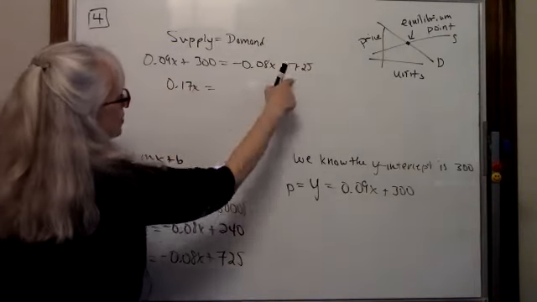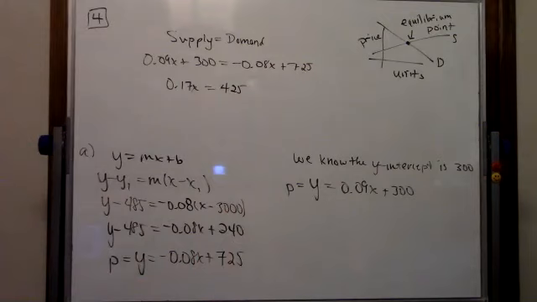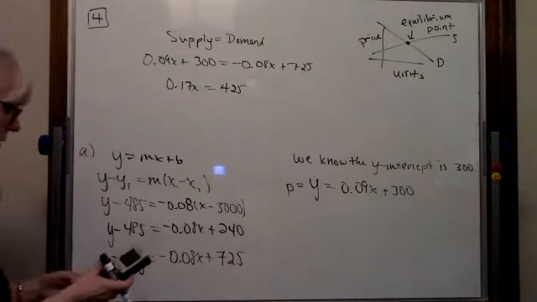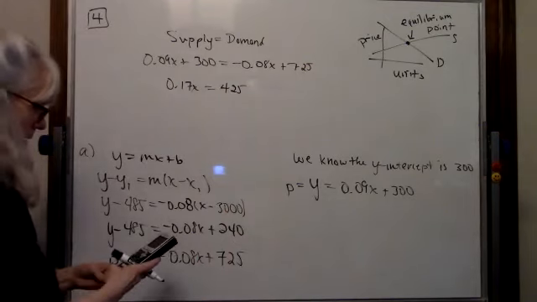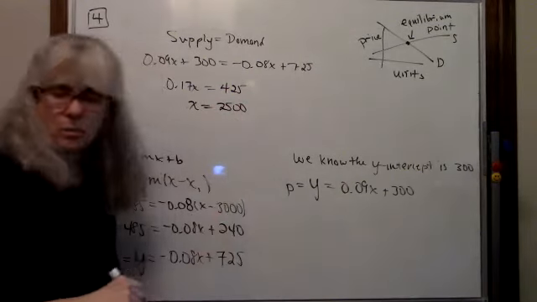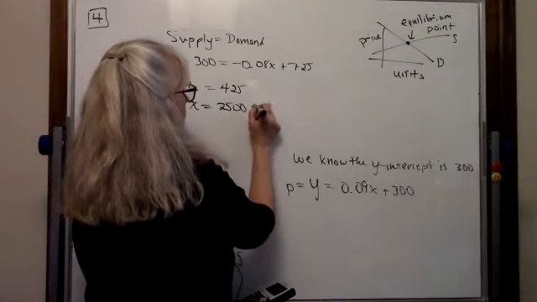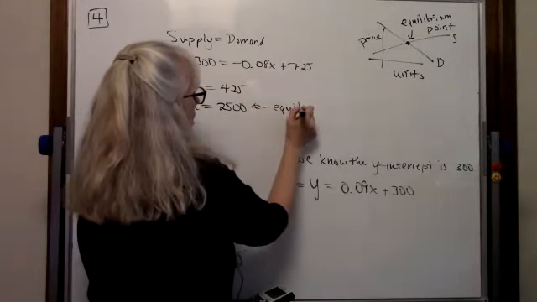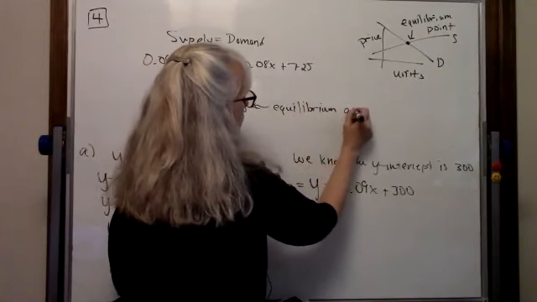And I can subtract the 300 back, which is 425. And then dividing that out gives us 2,500. That works out really nice. And that would be the number of units. So this is the equilibrium quantity, is what your book calls it. So let's label that, the equilibrium quantity.